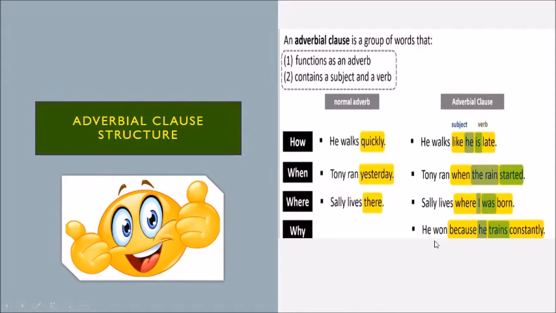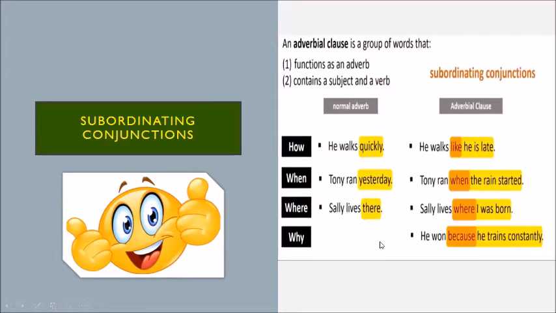They are going to be another important element to identify an adverbial clause. These kinds of words like when, where, because are called subordinating conjunctions because they are going to be subordinate to the first part of the sentence.